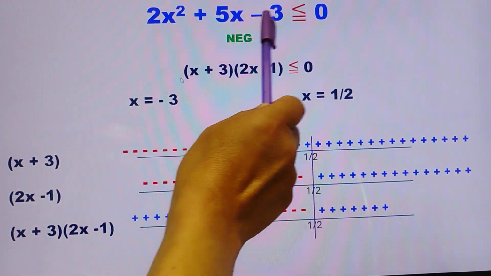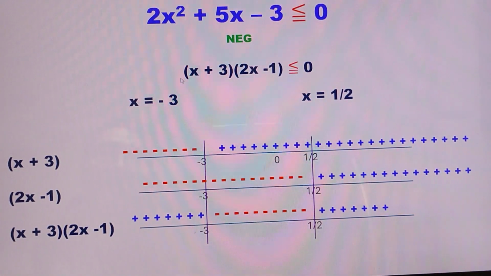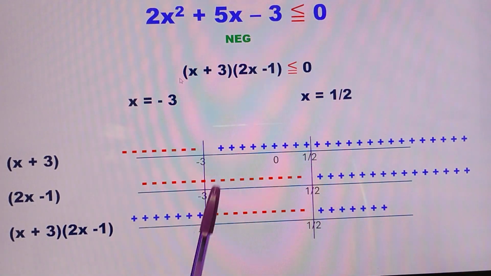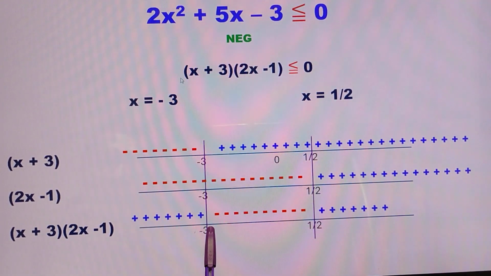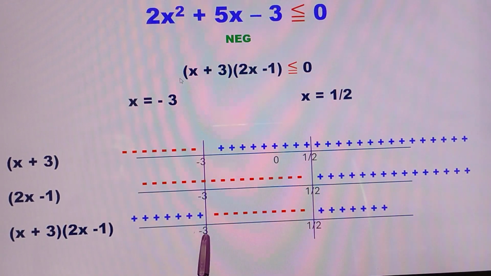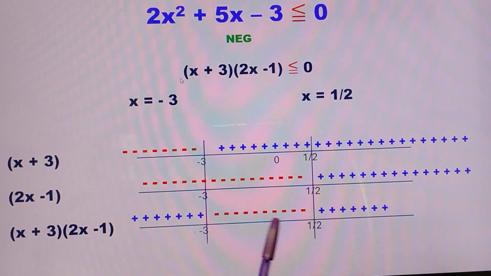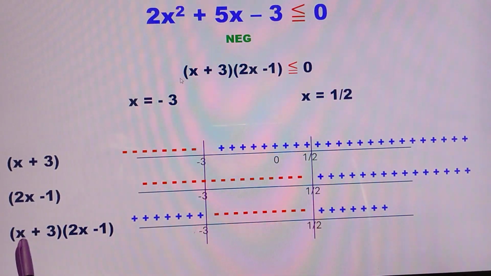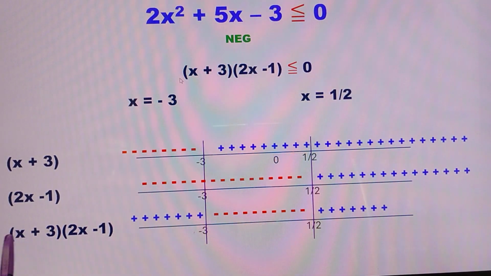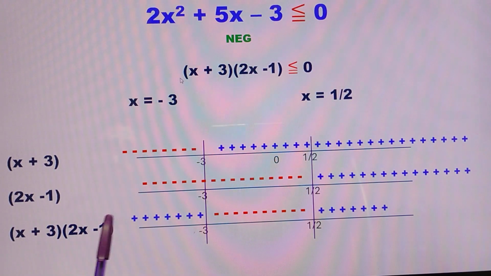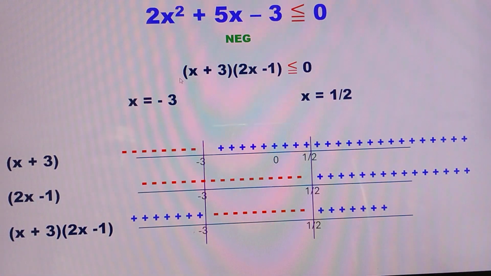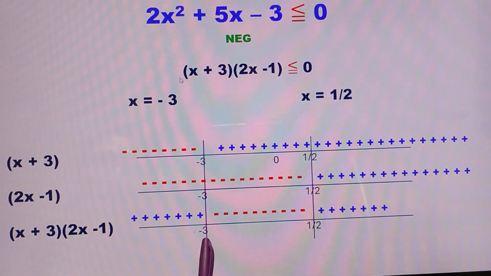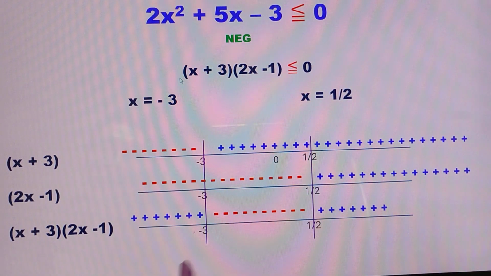Because we need a negative result, we check in this third line that the function is going to be negative from minus 3 to a half. But this is a product, yes, but this product, we said, is exactly the same as the original. We only transformed the original into factors. So the result is the interval that goes from minus 3 to a half.